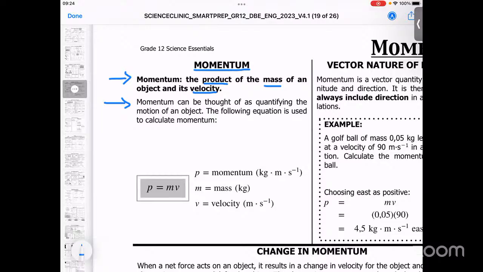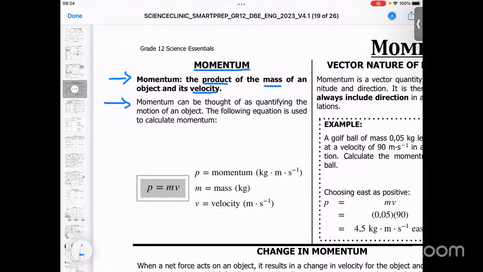But imagine if you can run faster but you are just weightless, honorable member, like a paper. They will just blow while you are running and then you fall away. So it is very important that you've got the mass and the velocity. In that way, your momentum will be higher.